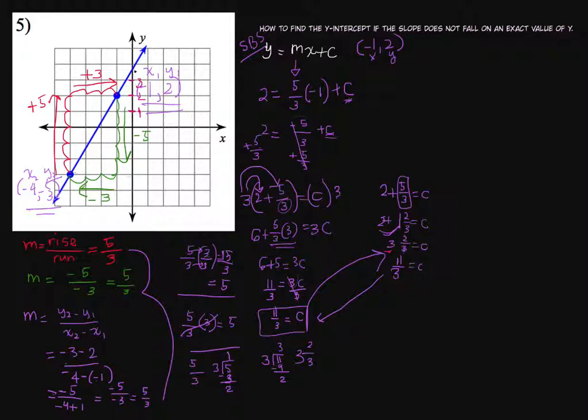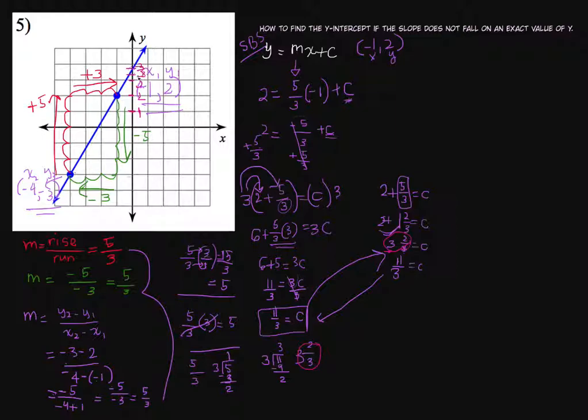Now let's look at this. If I divide this into 3 equal parts, you will see that the line passes at 2/3. This is 1/3, 2/3. So you have 3 and 2/3. So that is your proof that the y-intercept is 3 and 2/3.